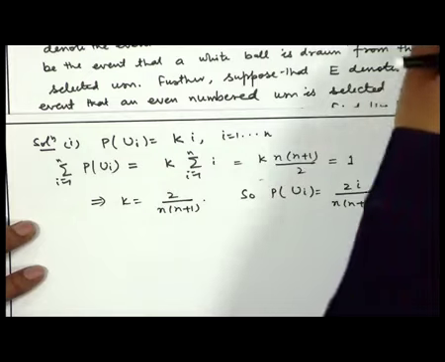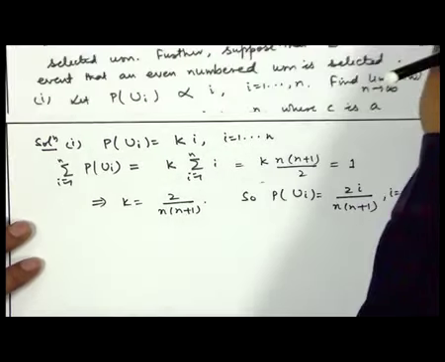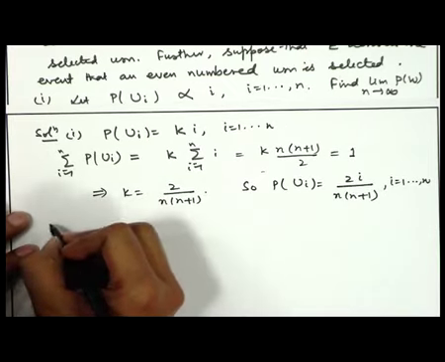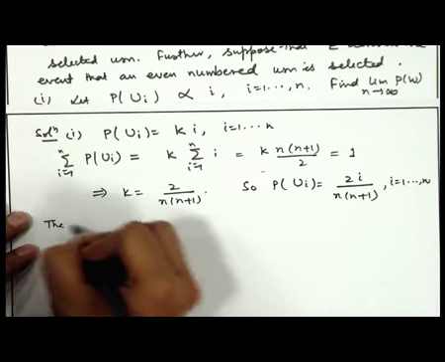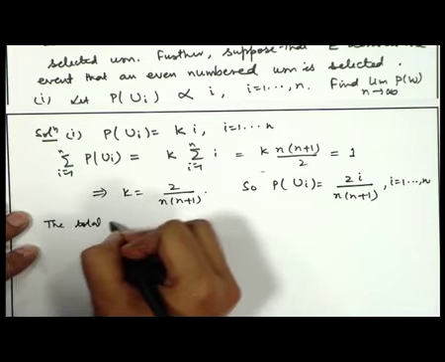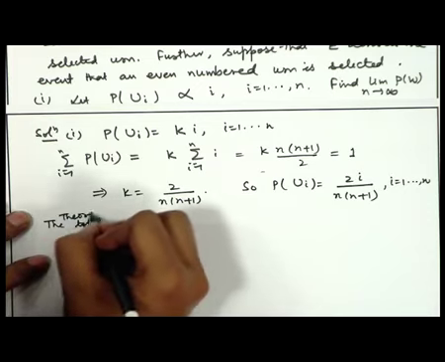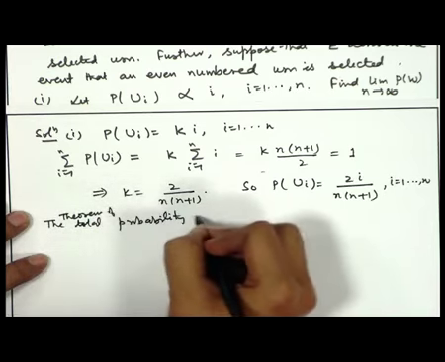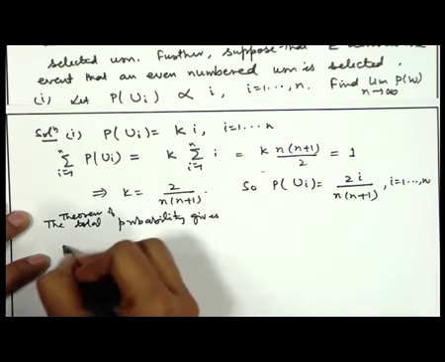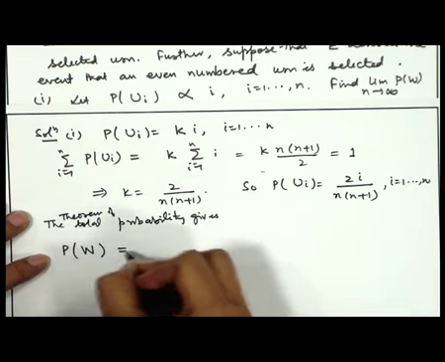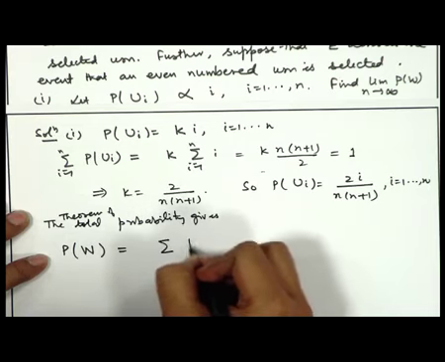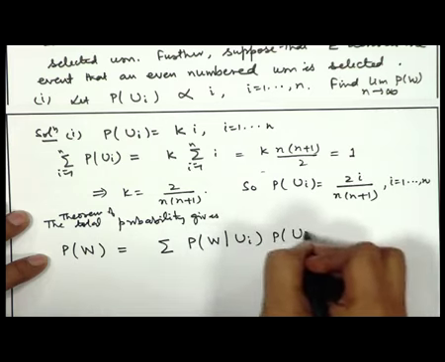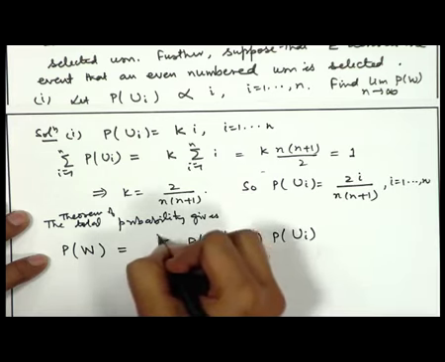So, the question that is posed here is, what is the probability of w, that is, a white ball is drawn from the selected urn. So, we can apply the theorem of total probability, that will give probability of w is equal to sigma probability of w given ui into probability of ui, i is equal to 1 to n.